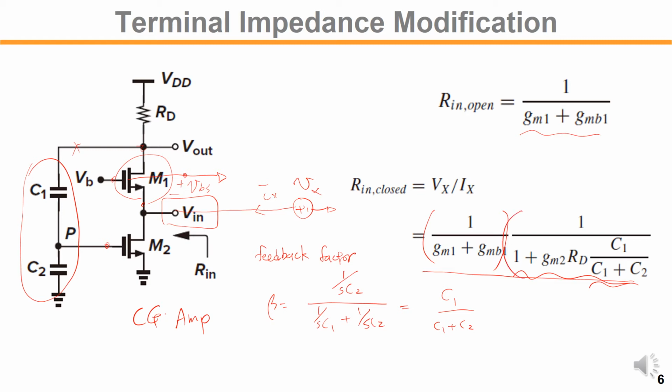As you can see, the original input impedance is changed by this factor. So that actually changes the impedance. I will leave the detailed derivation as an exercise for you. So this is something that you can get out of the negative feedback.